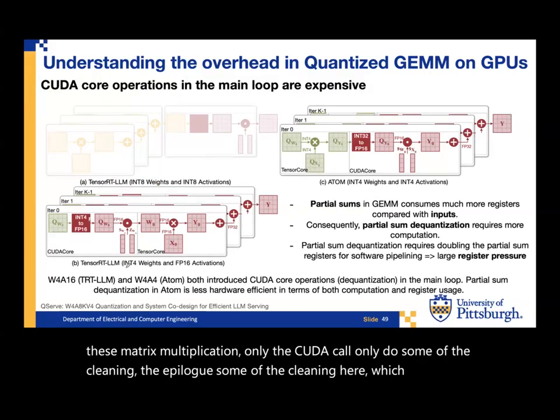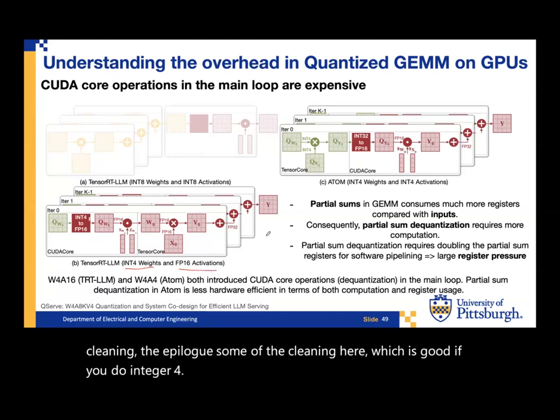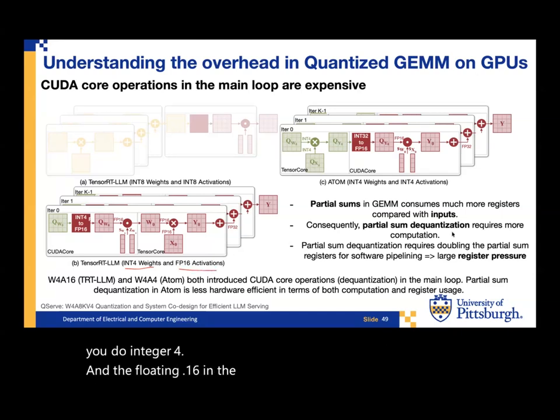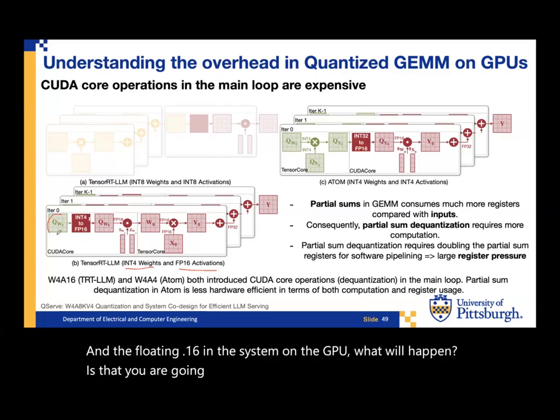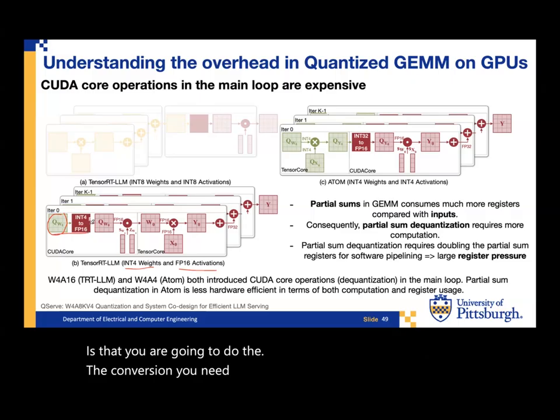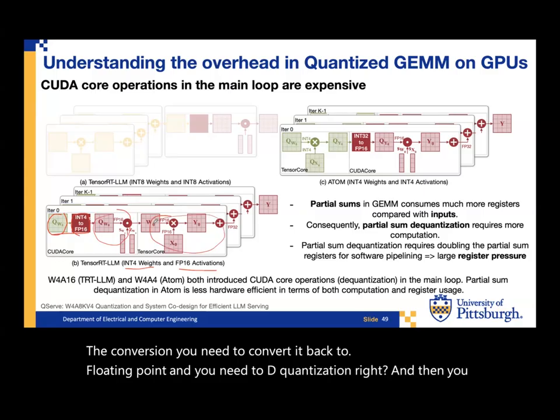If you do integer 4 and floating point 16 on the GPU, what will happen is that you are going to do the conversion. You need to convert it back to floating point, you need to do the dequantization, right? And then you need to do the matrix multiplication.